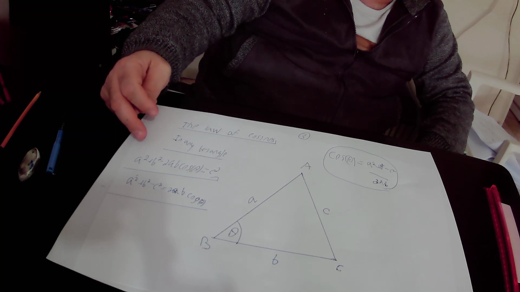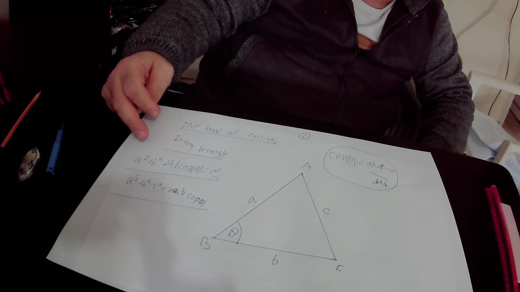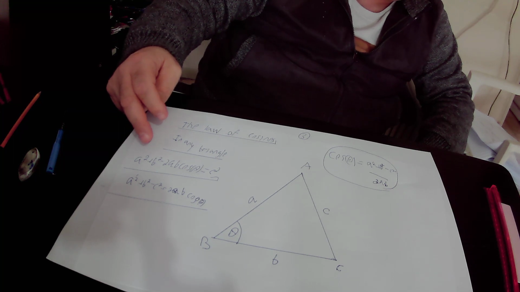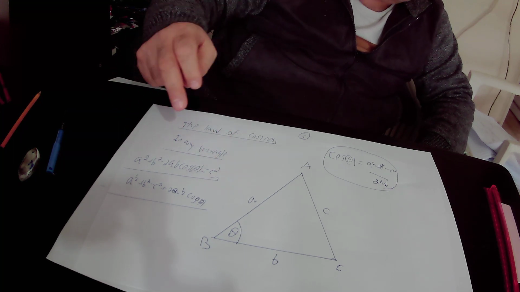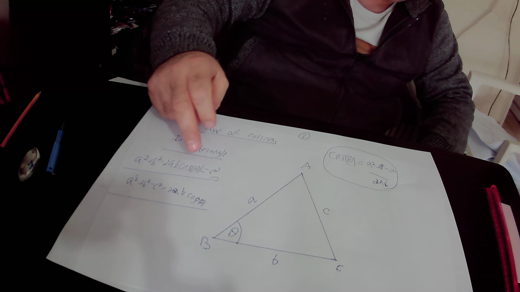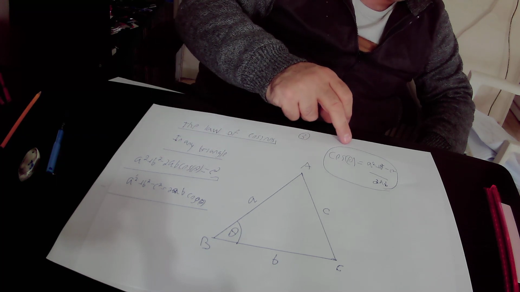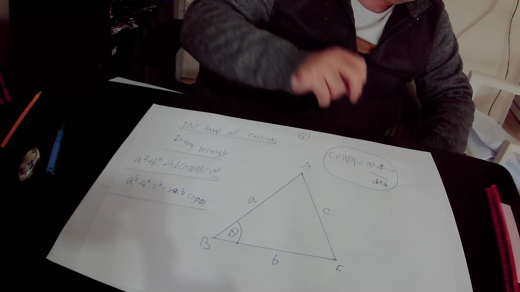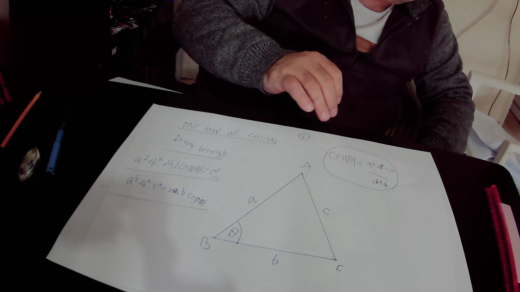Here we subtracted C squared and added 2AB cosine theta, and we got that A squared plus B squared minus C squared equals 2AB cosine theta. Then we divided this equation by 2 times AB, and we got that cosine theta equals A squared plus B squared minus C squared over 2 times AB. And this equation is true in any triangle.